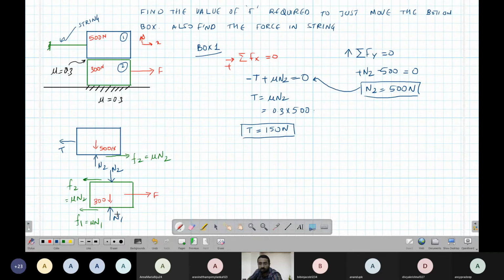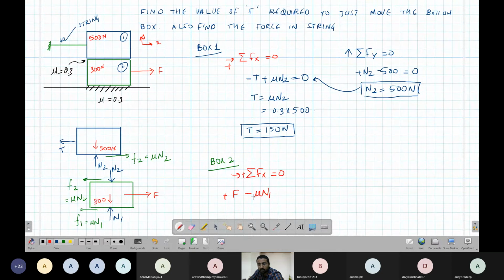So that is box 1. Now we will talk about box 2. The same equations we can apply because it is in equilibrium. Force in x equal to 0, right positive. We have an F which is unknown, which is also positive because it is in the right direction. We have a mu times N1, that is a minus sign.